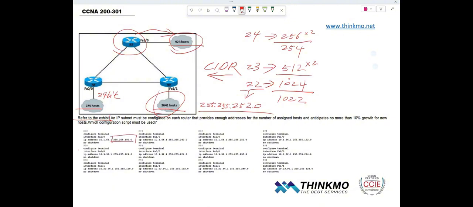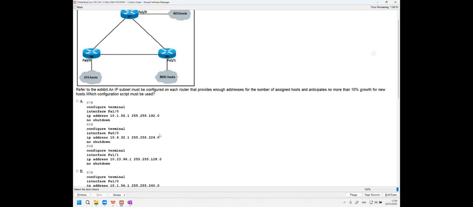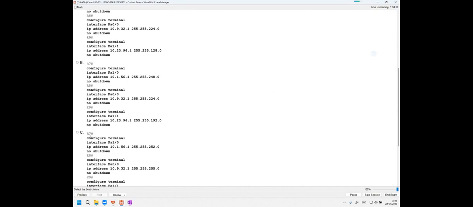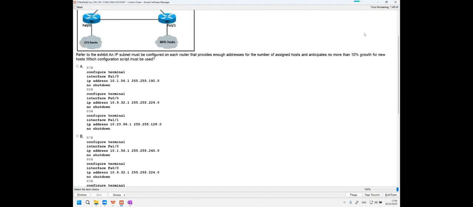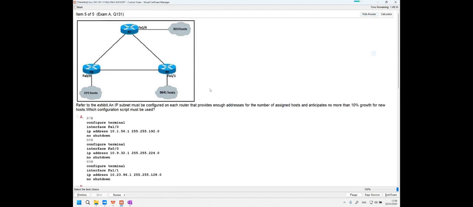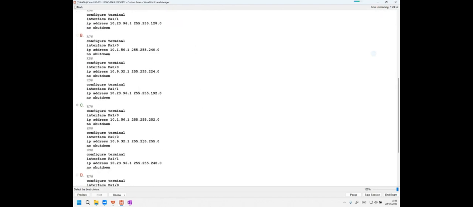Let's check the mask configured. 192, this is wrong. 240, wrong. 252 is correct. So there's no need to look at anything else for this question. The correct answer is C. Let's look at the correct answer. The correct answer is C. All right, submit.